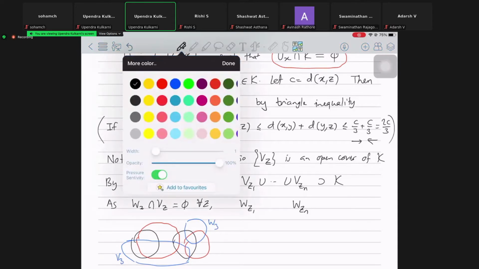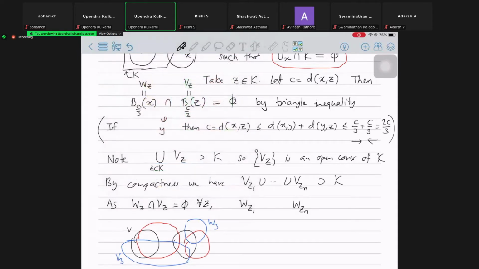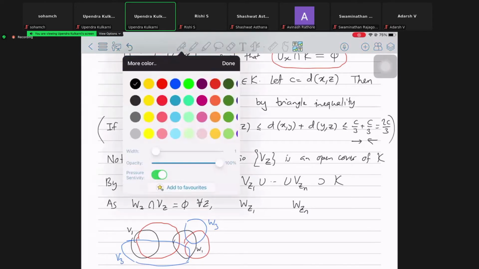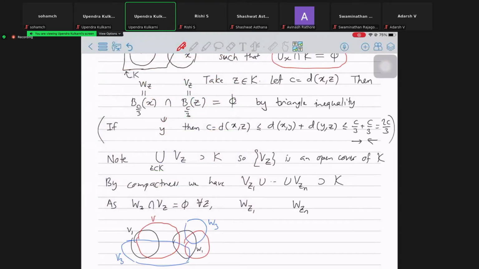And likewise, I have the first one, which was V1, and the black one here is W1. And the red one, let us say V2, and here is W2. So you see, the picture may look bizarre. The point is that all the V's, I want to take their union in order to enclose K.